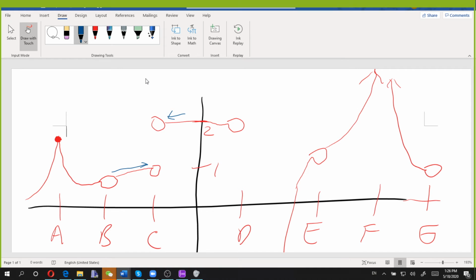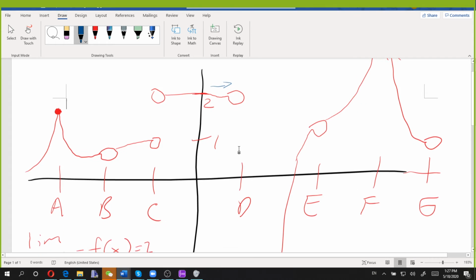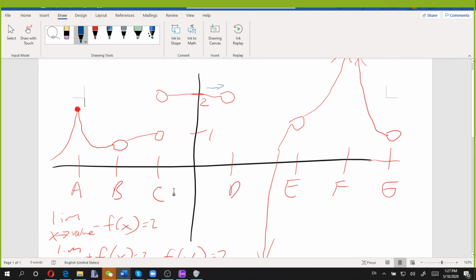Okay, over to Andrew. Andrew, what's the limit from the left at x equals d? Two. What's the limit from the right? Does not exist. General limit does not exist. And if I try to plug in d, does not exist. Okay, any questions on continuity?